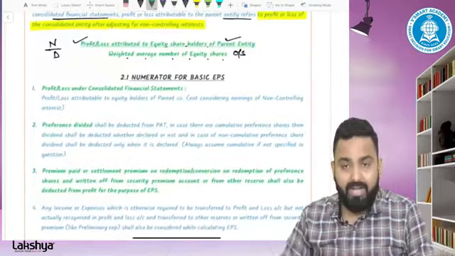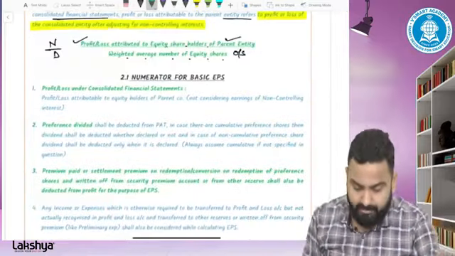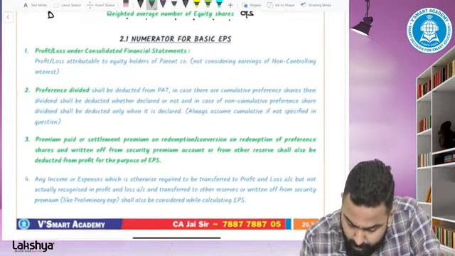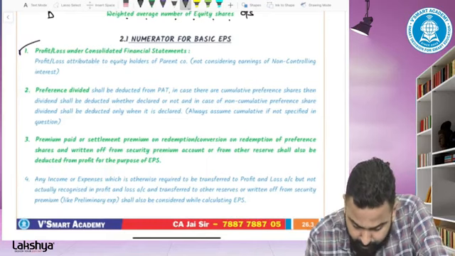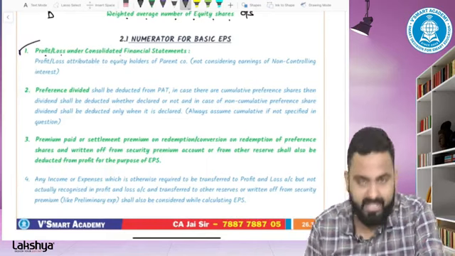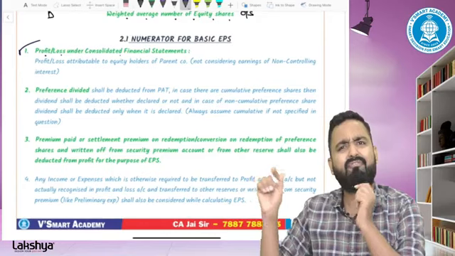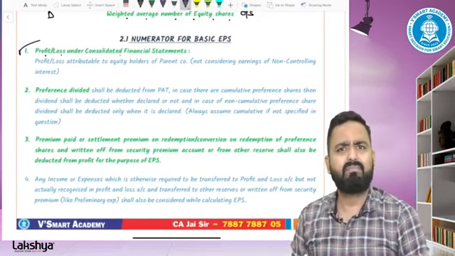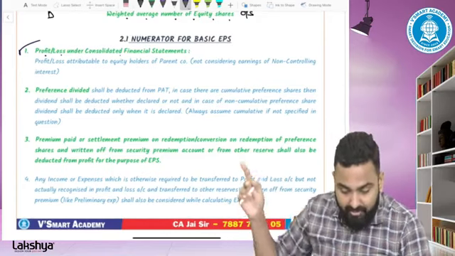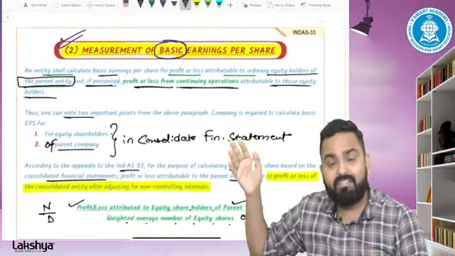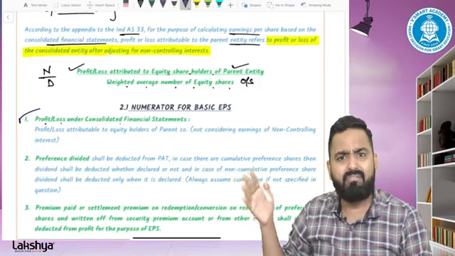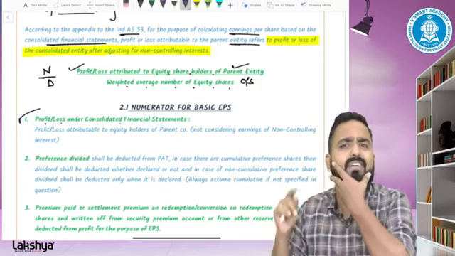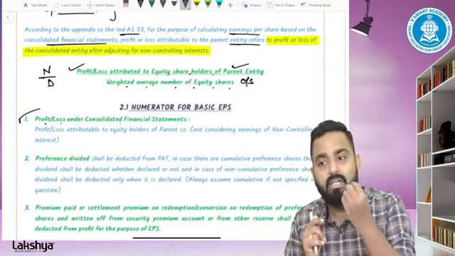Okay. Now, as far as the numerator for basic earning per share is concerned, what are the important considerations? First, profit or loss under the consolidated financial statements. Why are we focusing more on CFS? Under this topic of EPS, we focus more on consolidated financial statements compared to separate.